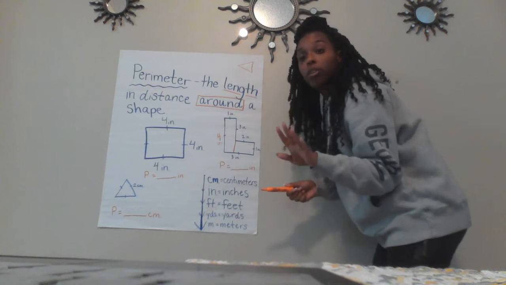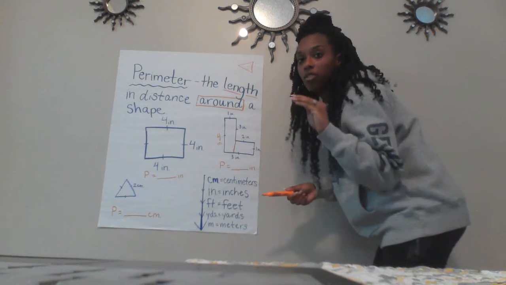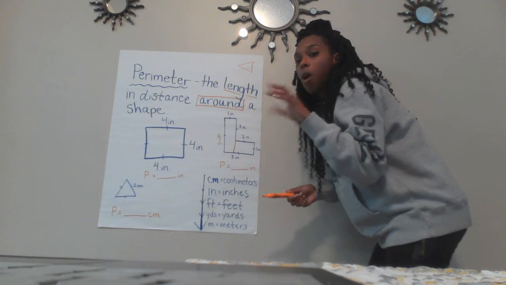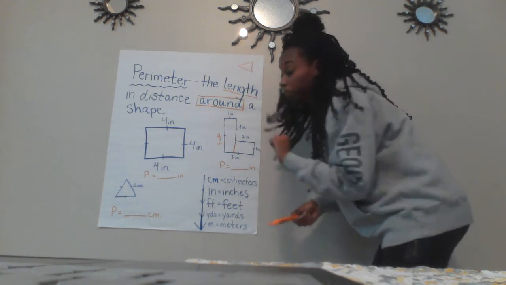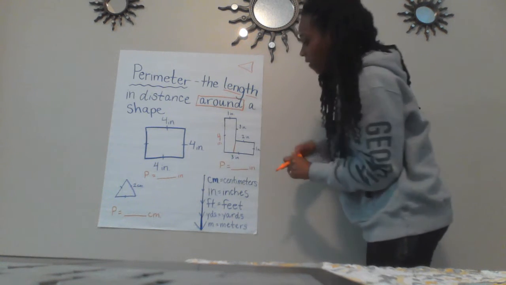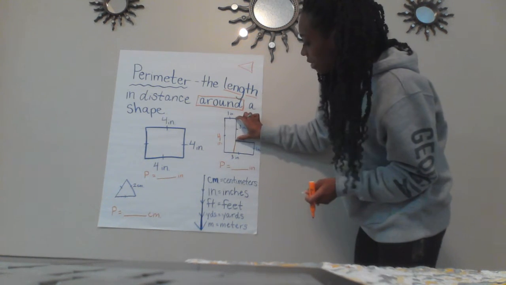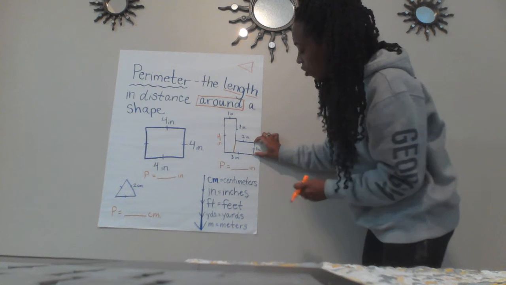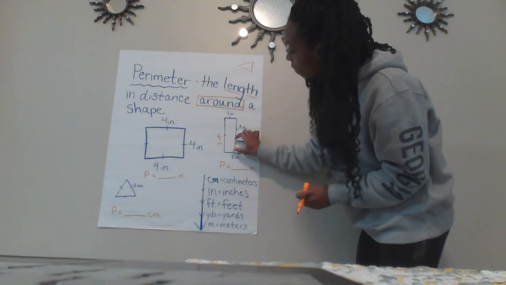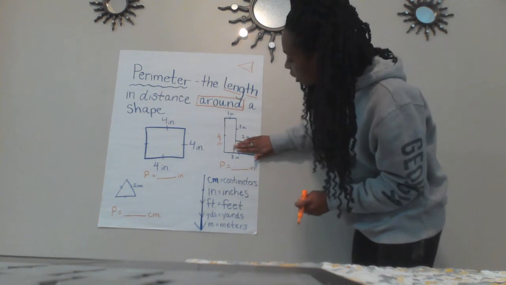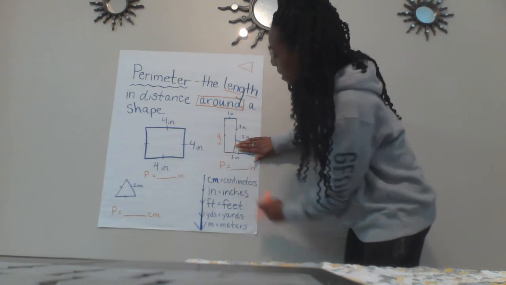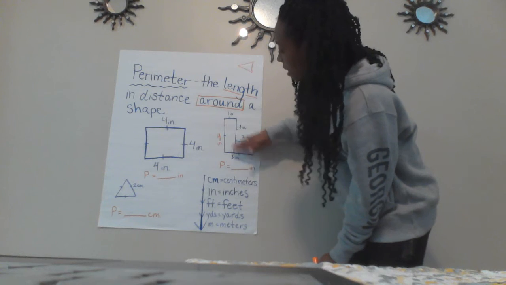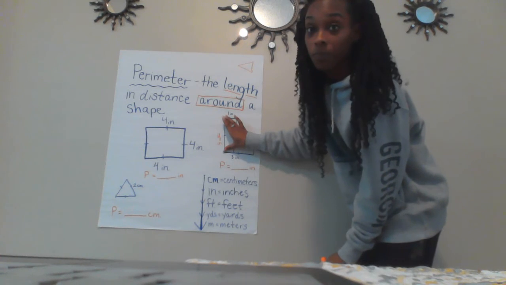Now, it's going to be harder when we dive into smaller units of measurement, but right now, inches are easy. So again, that is 3 inches and then that is 1 inch. Just pretend you moved that 1 inch right here and you're just looking at that shape, which is a long rectangle. So you're doing 3 plus 1, and that equals 4.